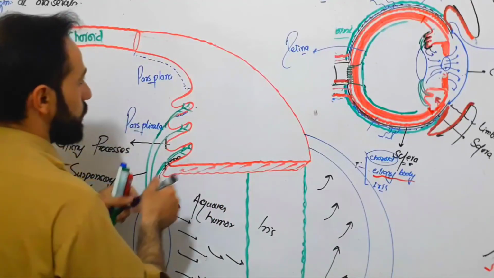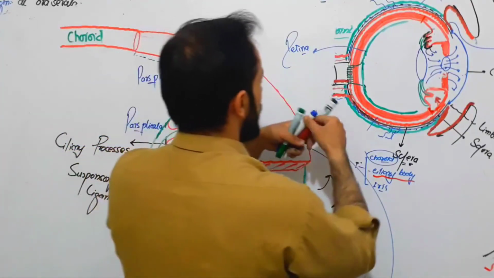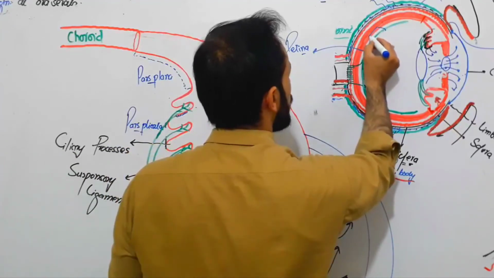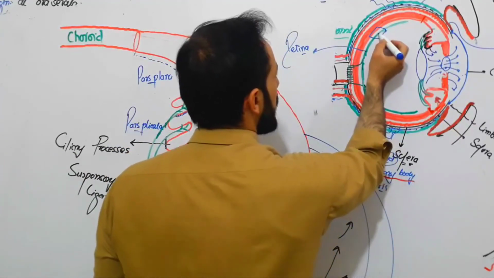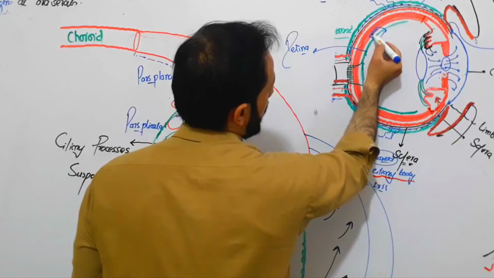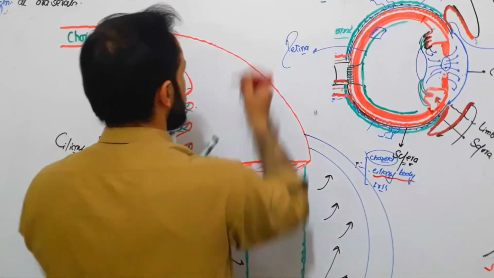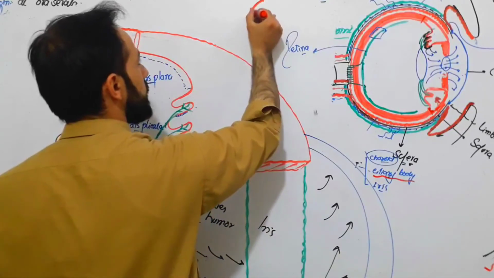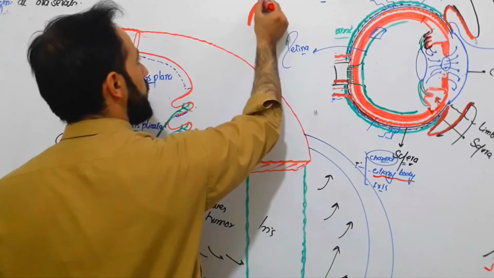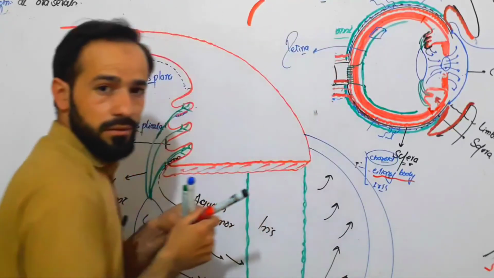Now listen to me carefully. For example, if I take a piece of the eye from here, right? So I have taken the choroid and the retina and drawn it here. So this is that part of the choroid, right?